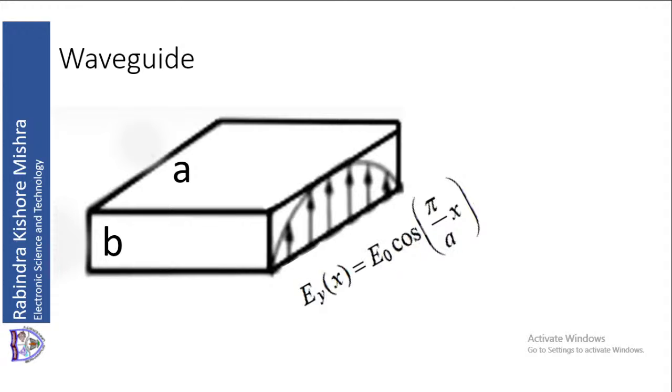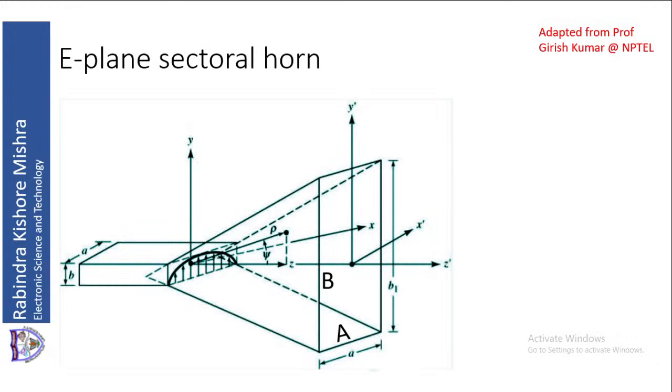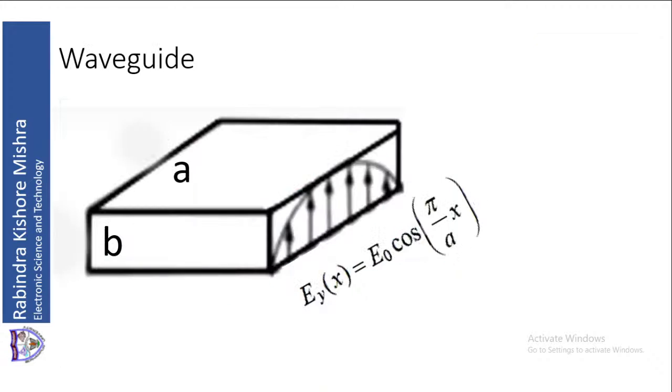So along the y-axis there is no variation in the electric field. Along the x-axis there is 1 half wavelength variation in the electric field.